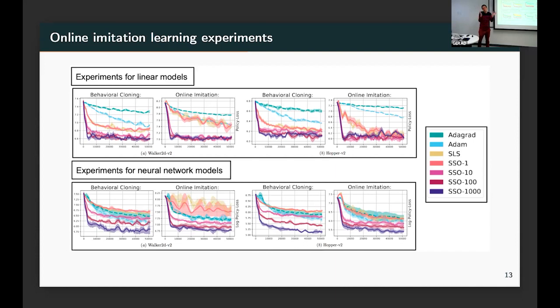Tabular setting means you don't have that many states or actions, and you directly optimize over that matrix of conditional distributions of actions given states. To me, this is a very unrealistic environment because in general, you have far more actions and far more states. So you have the theoreticians of RL that like to prove stuff in the tabular setting, and you have the practitioners that say that's of no use to me, I use function approximation.